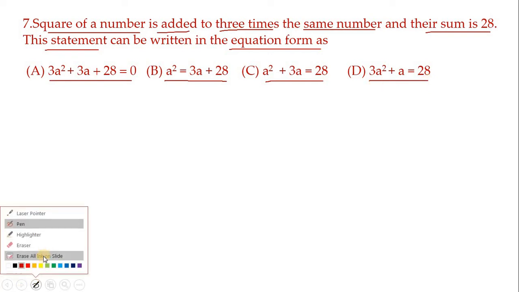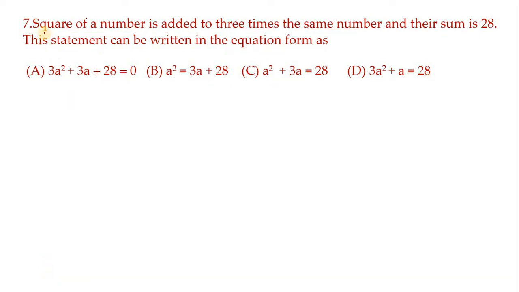To answer for this, first you wanted to understand the problem. Square of a number. We don't know here which number, hence that number you wanted to take it as x. But here you don't take it as x because look at the options. In every option there is a. Hence, that number you take it as a. Let the number be a.